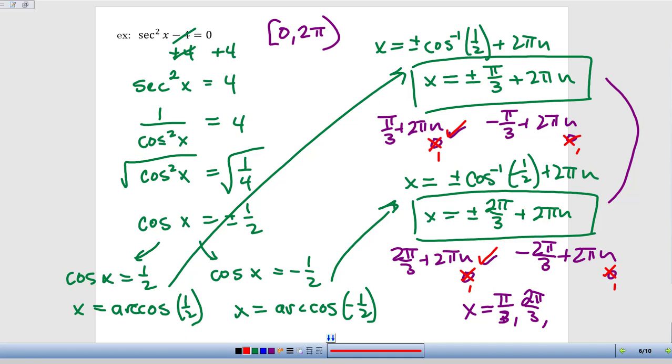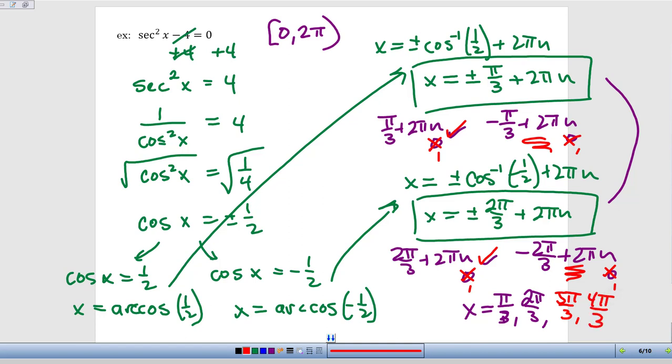But for the others, if we go negative pi over 3 plus 2 pi, so negative pi over 3 plus 6 pi over 3 gives us 5 pi over 3. And then down in the bottom here, if we plug in negative 2 pi over 3 plus 2 times pi times 1, so negative 2 pi over 3 plus 2 pi, so negative 2 pi over 3 plus 6 pi over 3 is 4 pi over 3.